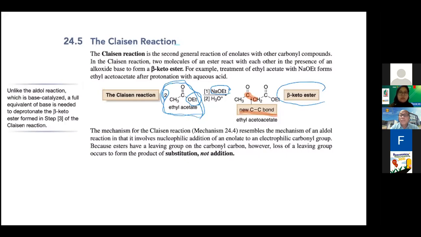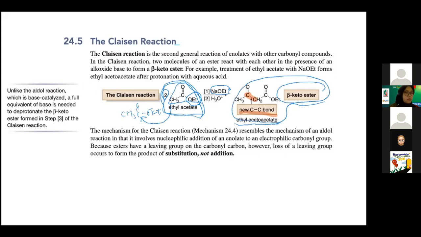This compound, ethyl acetate, attacks another of the same compound, almost similar at the same time, and the beta keto ester is generated.